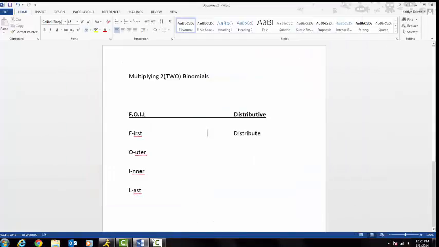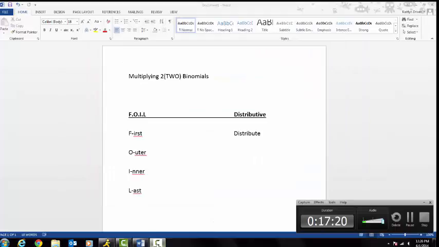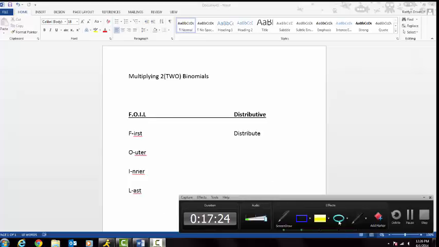Okay, now that we have that, we're going to try our next example part of it. Let's see. Our example was x minus 3 and x plus 2. And you actually know what?